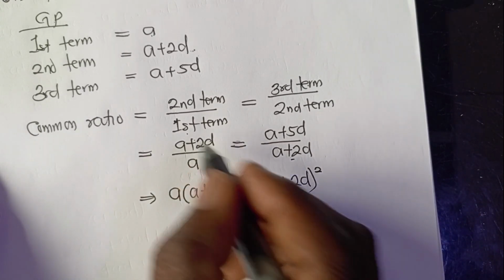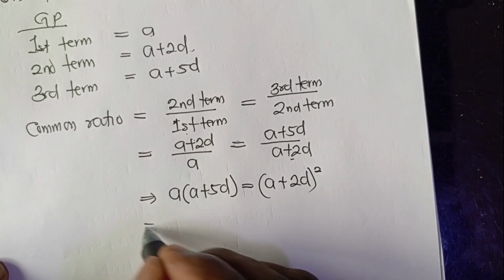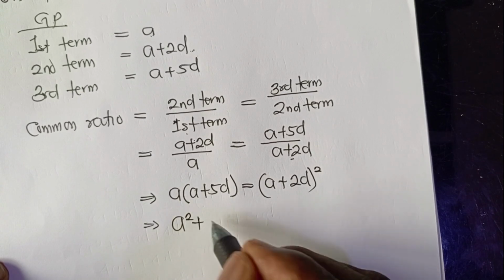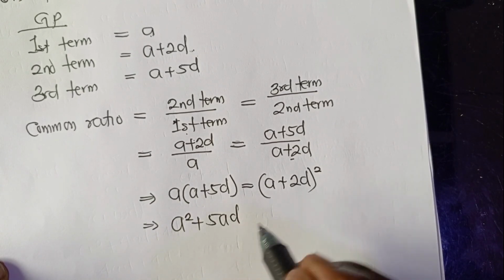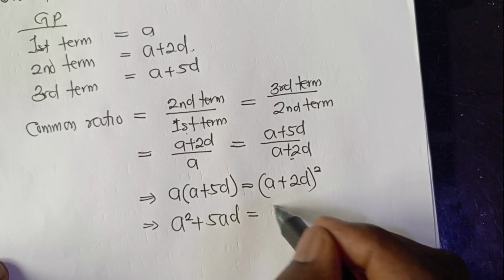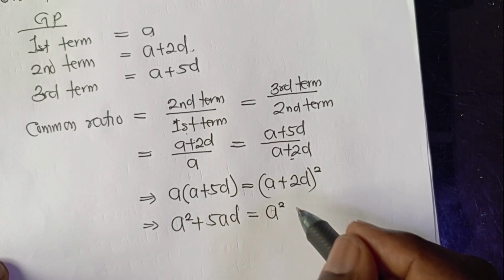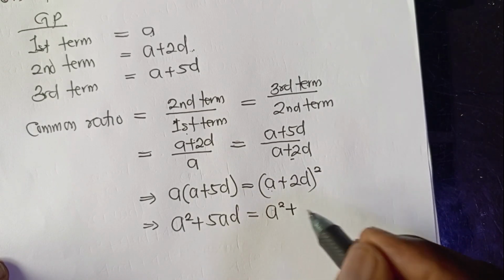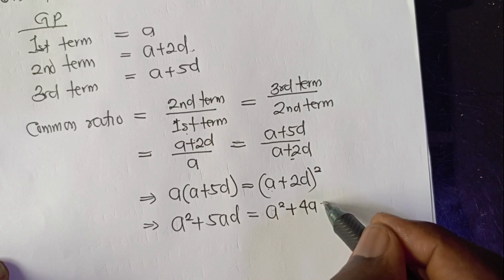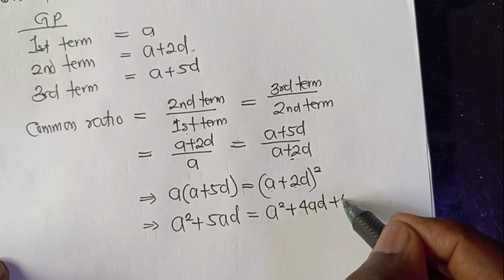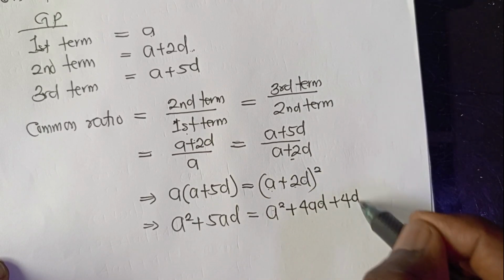Opening the brackets, we have a squared plus 5ad equals a squared plus 2 times a times 2d, which is 4ad, plus 4d squared.